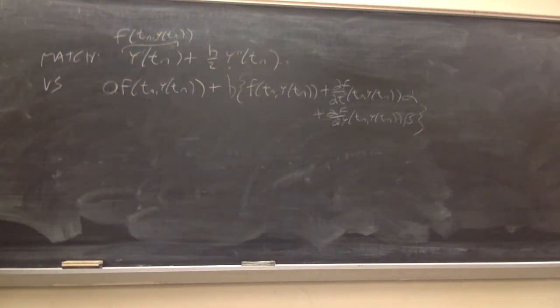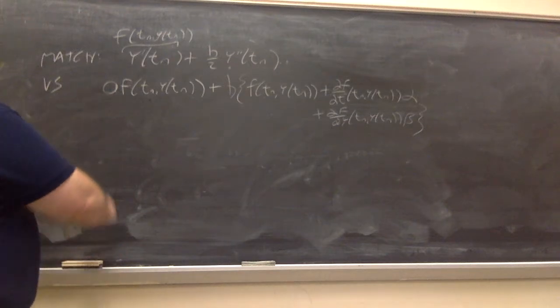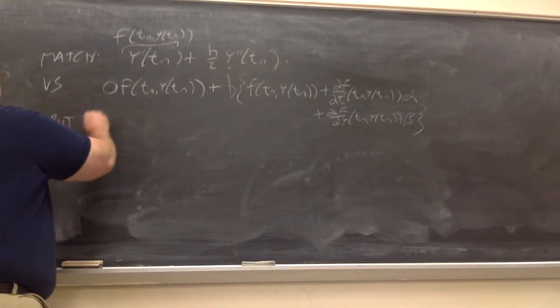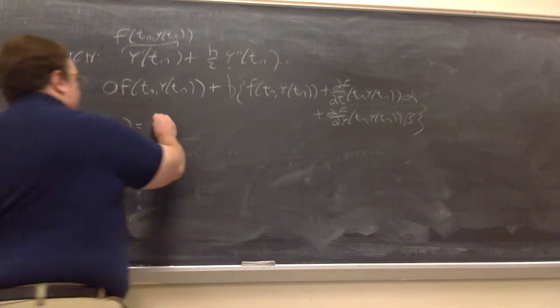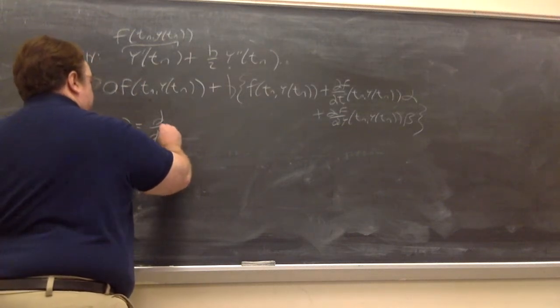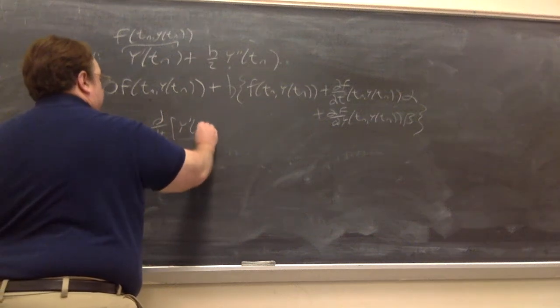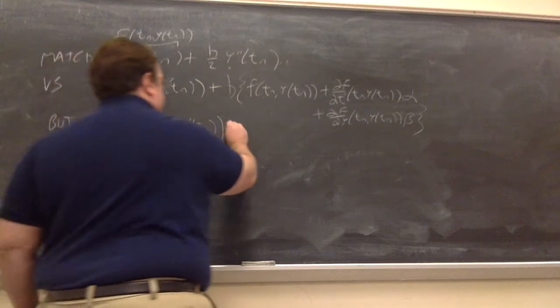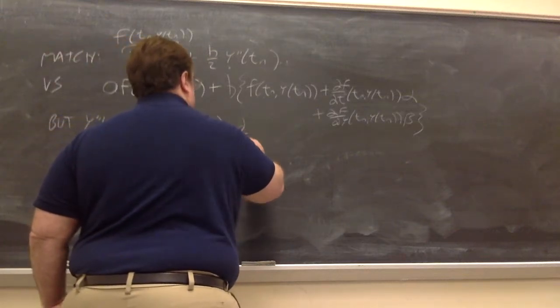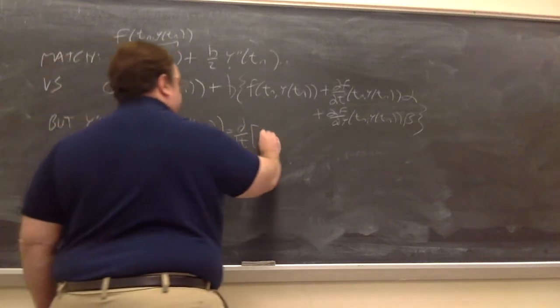So that's going to be a lot easier to match. And then y double prime of Tn, I can write as derivative with respect to t of y prime of Tn. But here I make the same substitution. Y prime is equal to f.